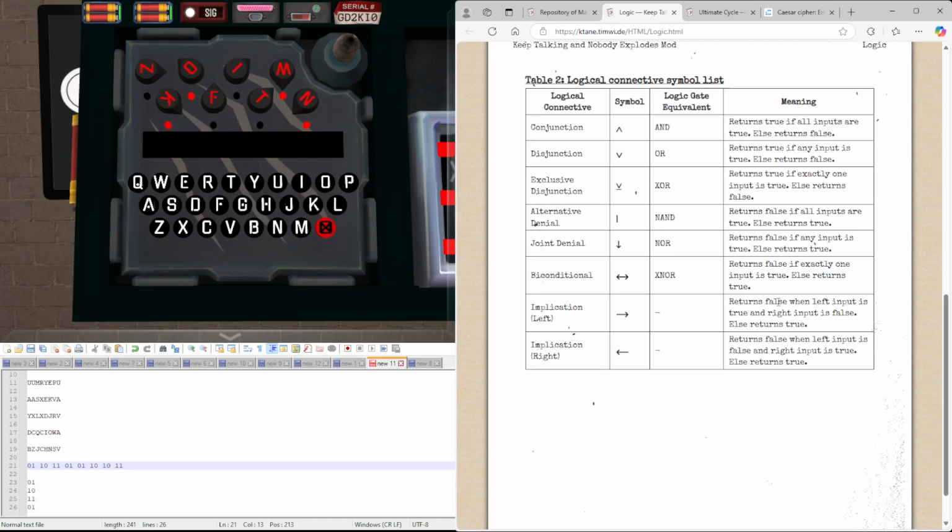So you have returns false when the left input is true and right input is false. With true, false, true, true, true, false, false, true.